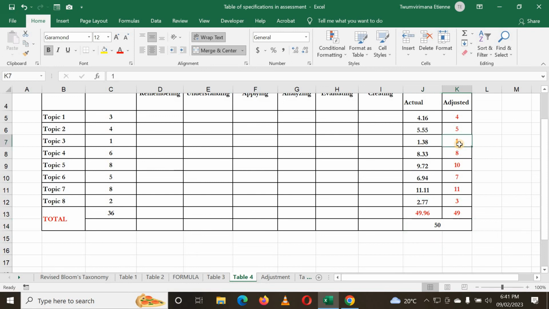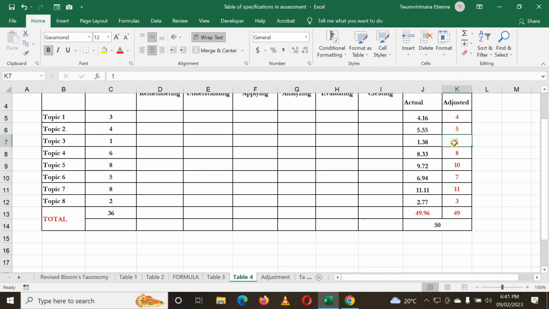Maybe I see here I have one question for the whole topic, while other topics have 3, 5 to 11 questions. I can say it's not possible, and I assign the periods depending on the content. Here I can put 2 because they have very few questions.